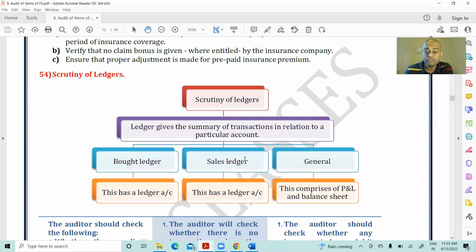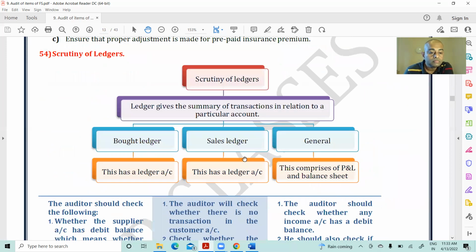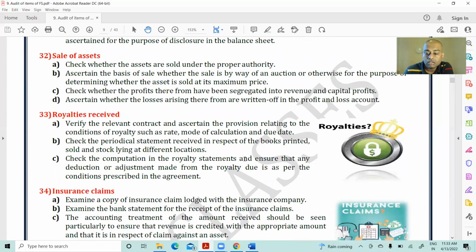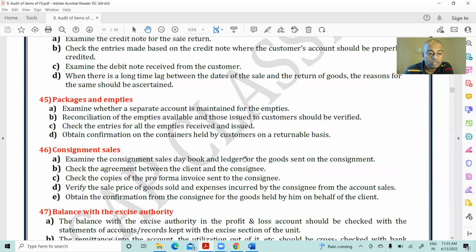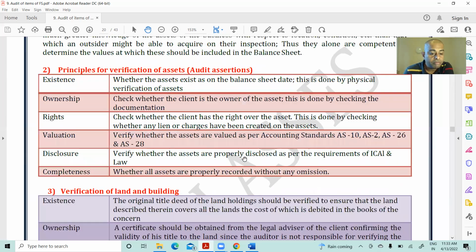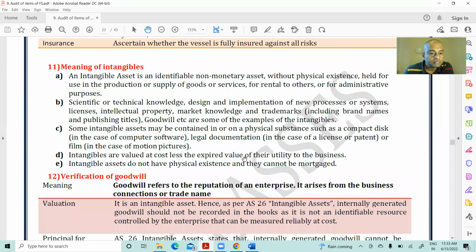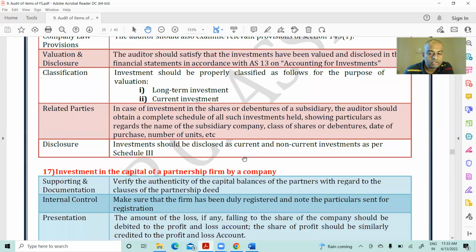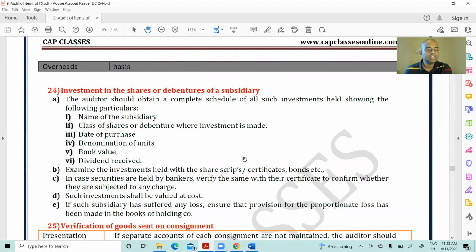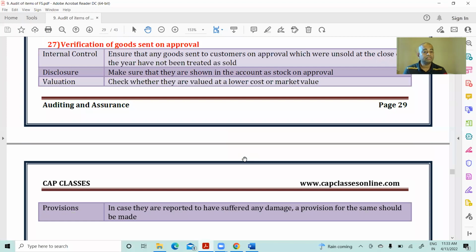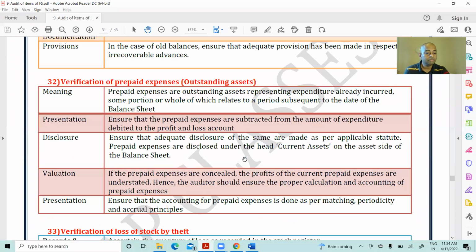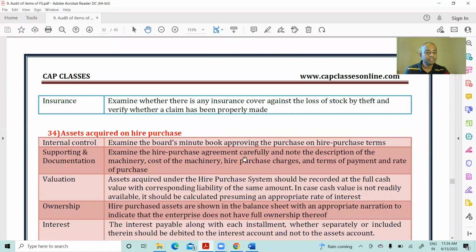So tell me, where are we? Any guess or any help on page number? Verification of current assets: work in progress, inventory, goods sent on approval, verification of goods in bond, bills receivable, prepaid expenses.